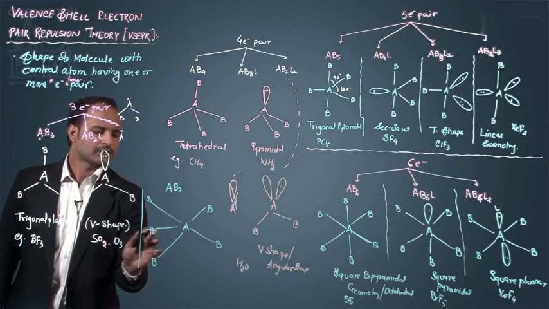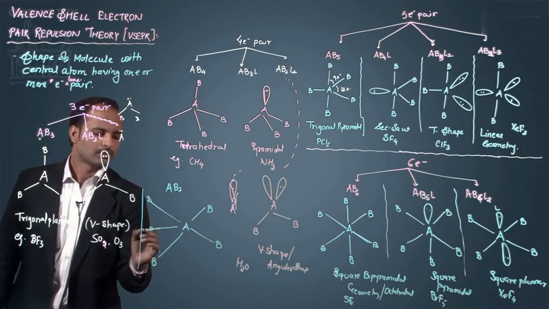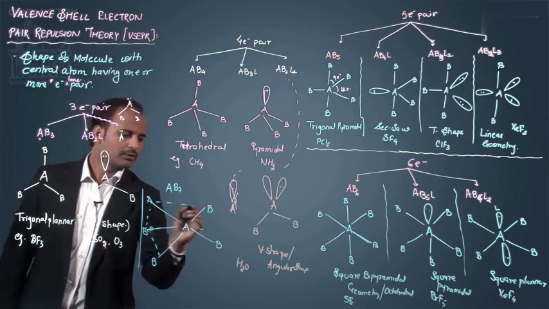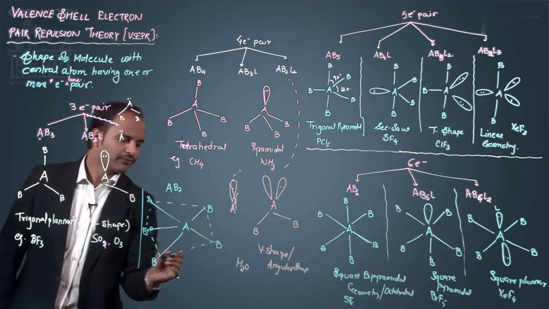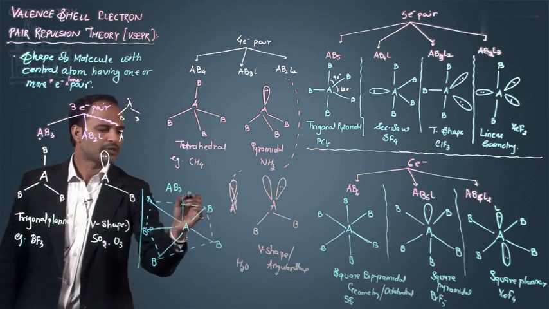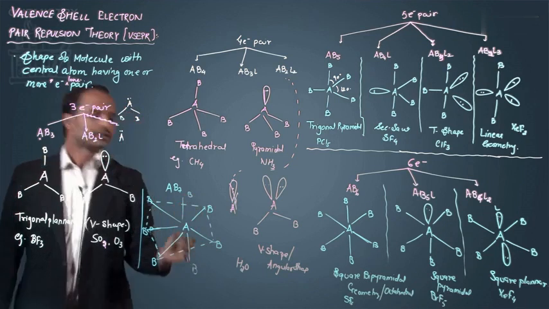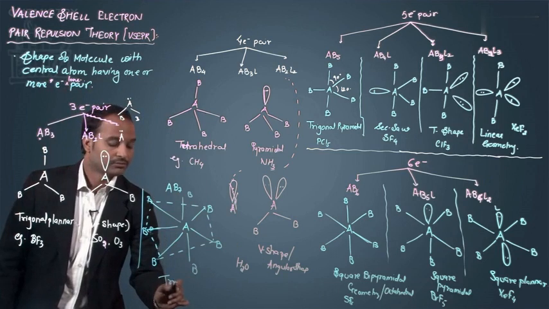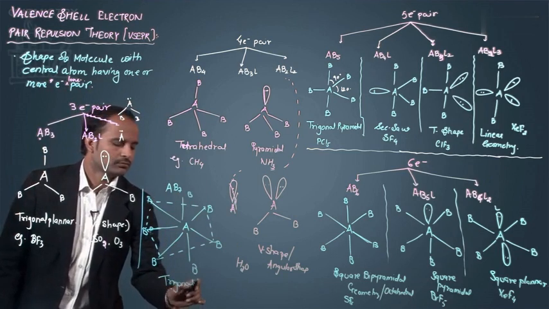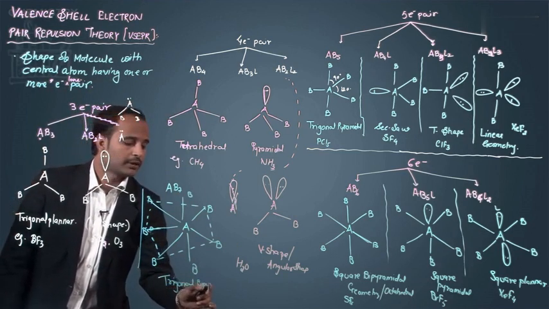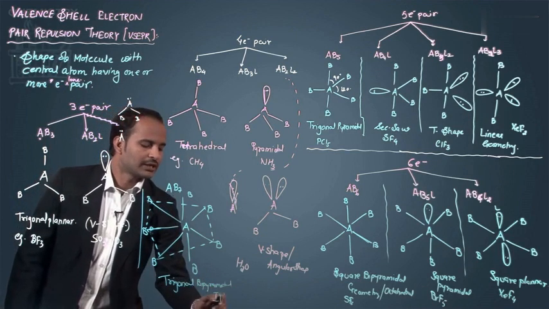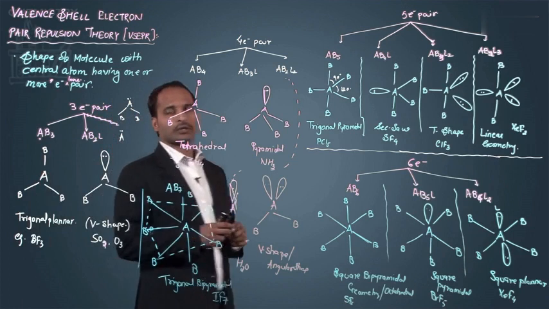So we have this geometry. That is in the case of IF7. One is here and one is here. This is called trigonal bipyramidal geometry. The example for this, I can say IF7 molecule.